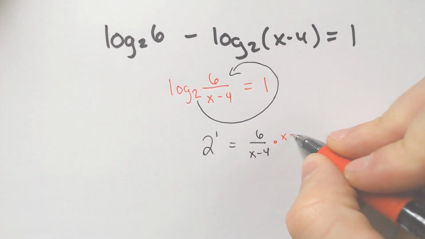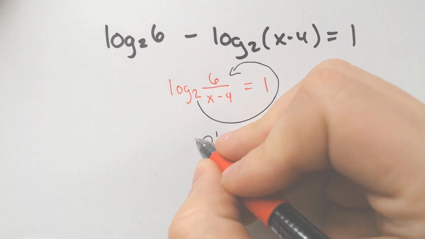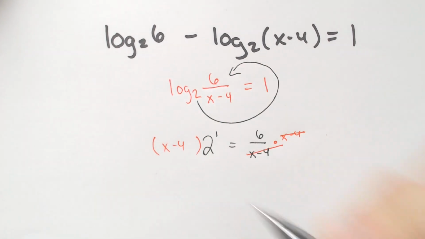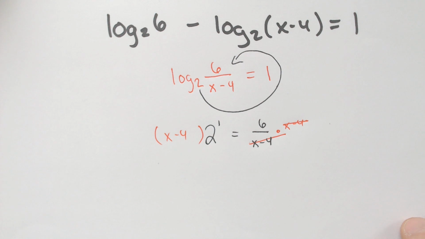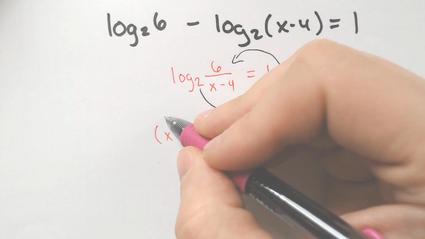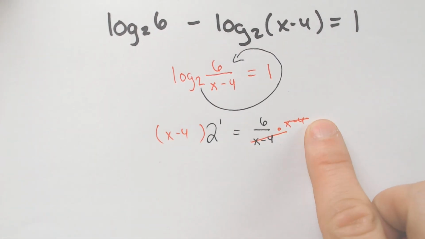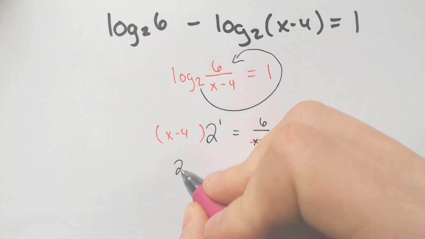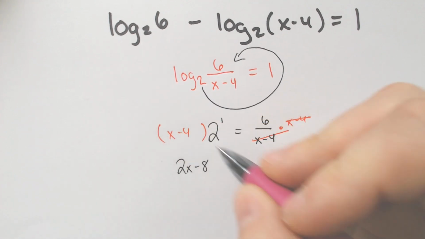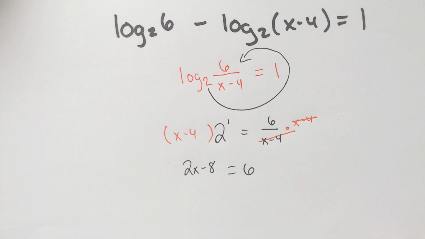I'm going to multiply by x minus 4 on both sides, and then distribute the 2, because multiplying by the x minus 4 canceled it over here. We would end up with 2x minus 8 from distributing the 2 equals 6.